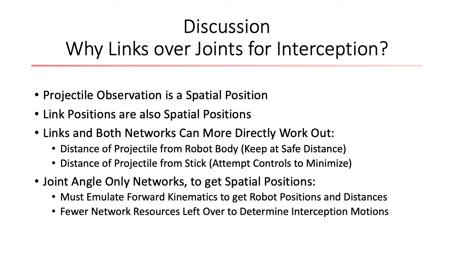In the joint angle only case, networks must first emulate a kind of forward kinematics to get these positions and distances, and may therefore either have fewer remaining network parameter resources to use for control decisions, or else may eschew distance calculations entirely and instead learn rigid pattern matching between observation input and robot motion output.